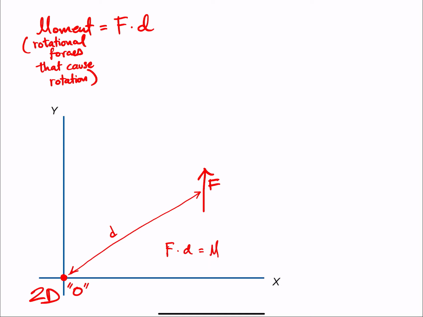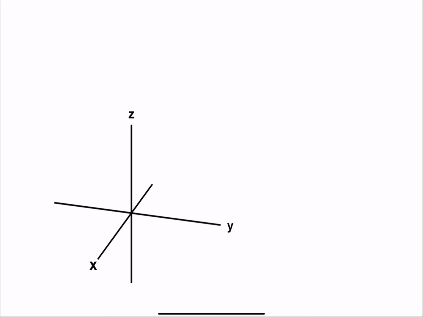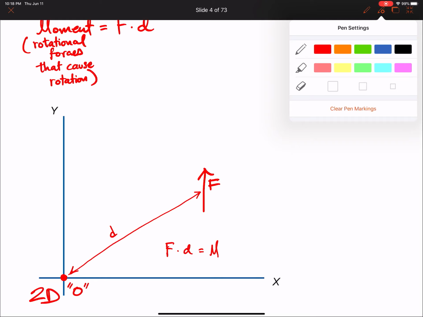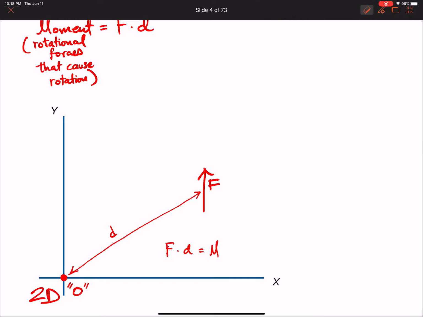Now, the definition of moment requires that the distance is a special distance. So let me use the eraser here for a minute, and let's try again. Let's provide a definition and work a few examples, and then the hope is that it makes sense. The definition has to be consistent.